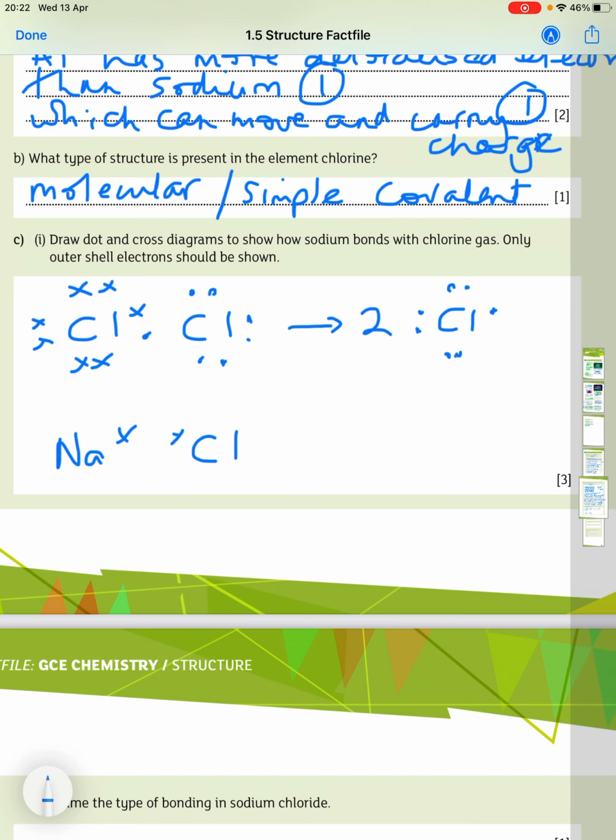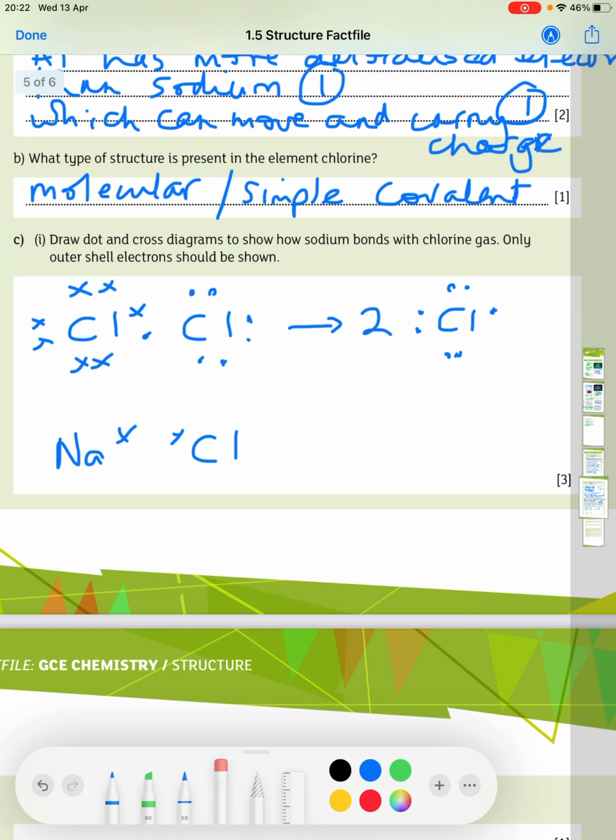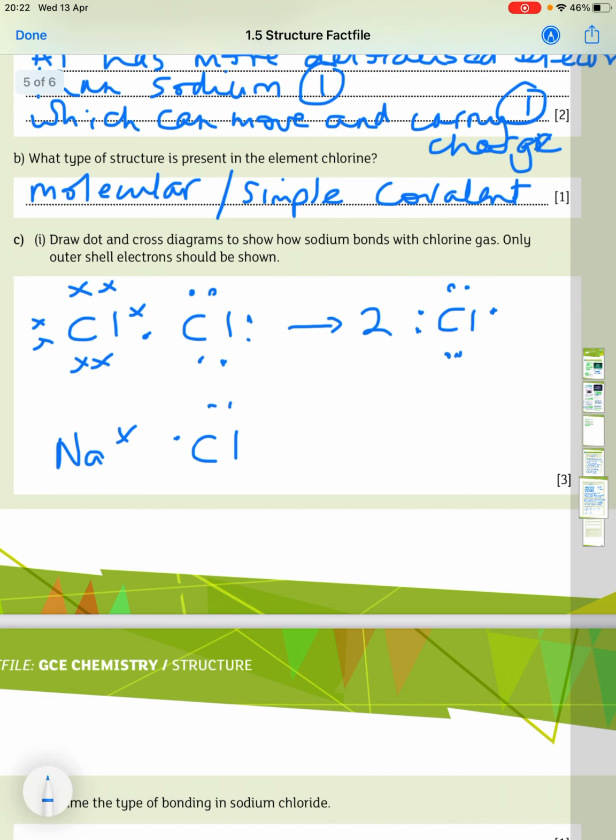And I'm going to put my chlorine here. It's dots. So 1, 2, 3, 4, 5, 6, 7. And that's going to give me then Na plus. And my chlorine with a dot and a cross there.